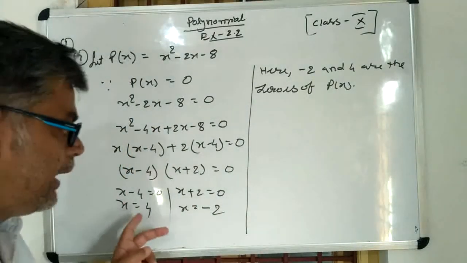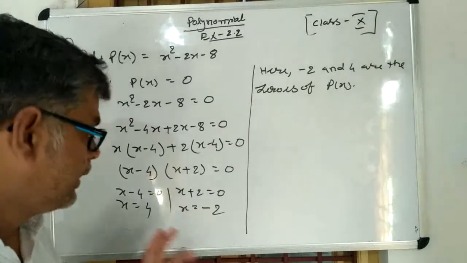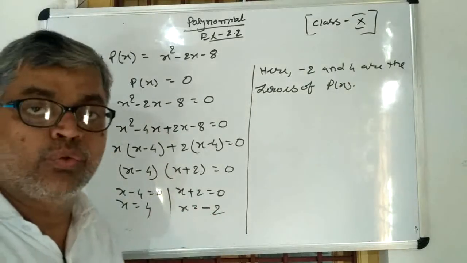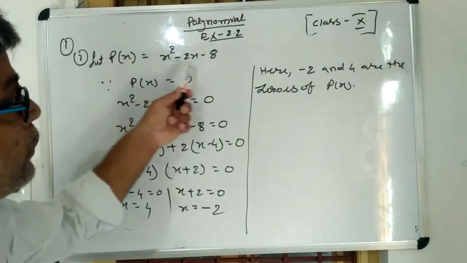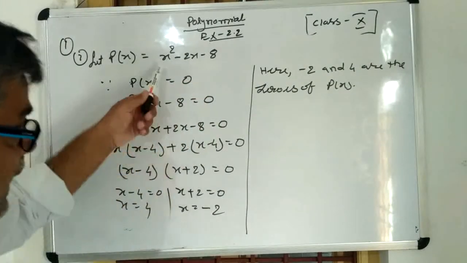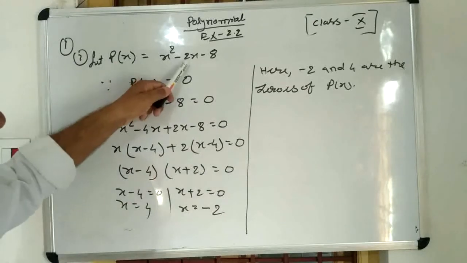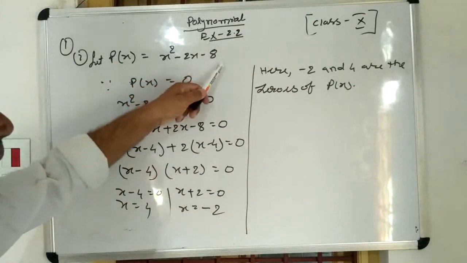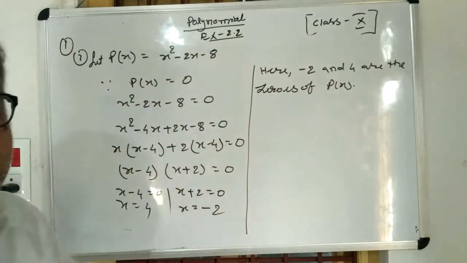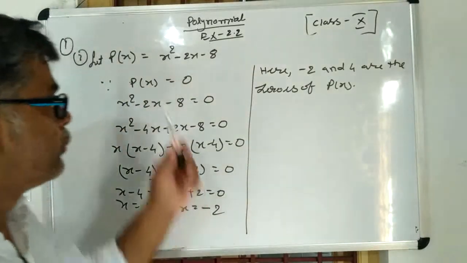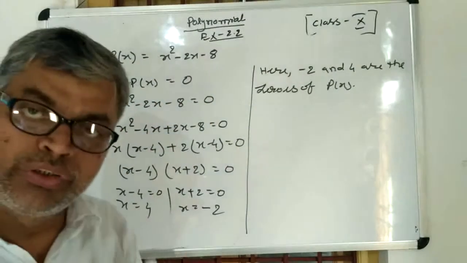So that's why these two numbers, that is 4 and minus 2, are said to be zeros of the polynomial. Let's check it. When you put x equals 4, then it will be 16 minus 8 minus 8. Minus 8 and minus 8 will become minus 16. So 16 minus 16 equals 0.